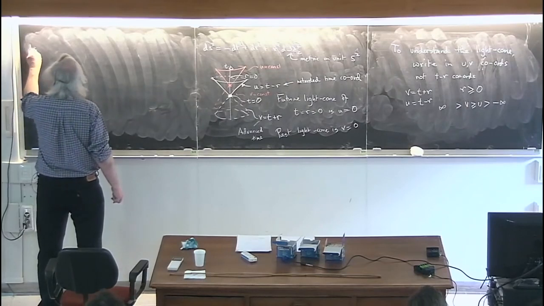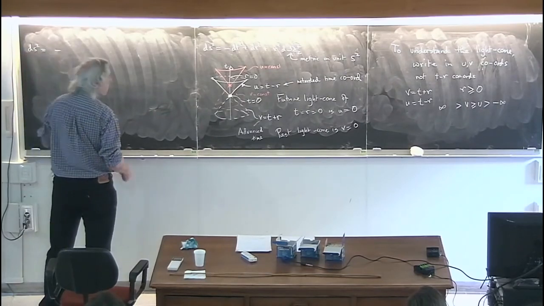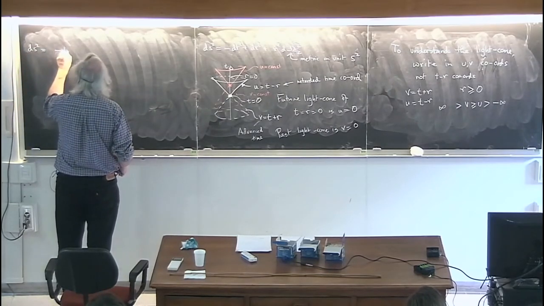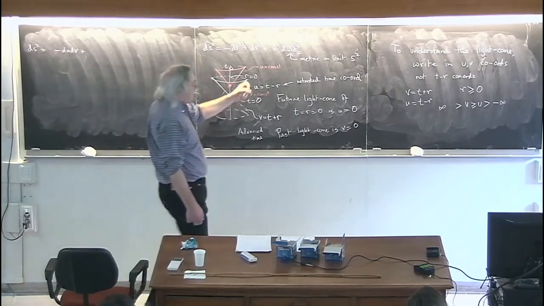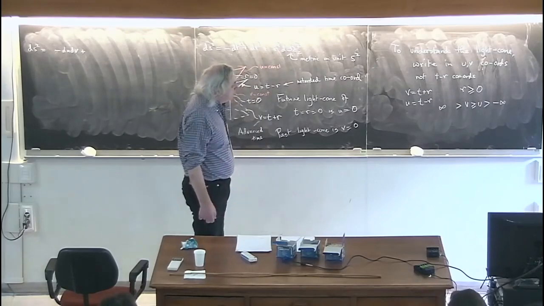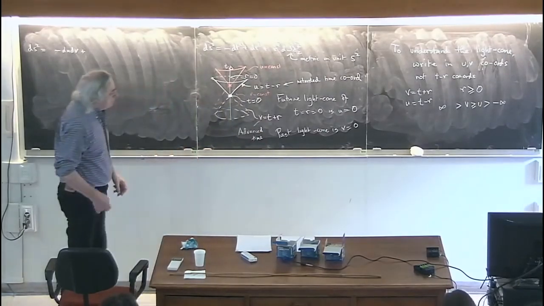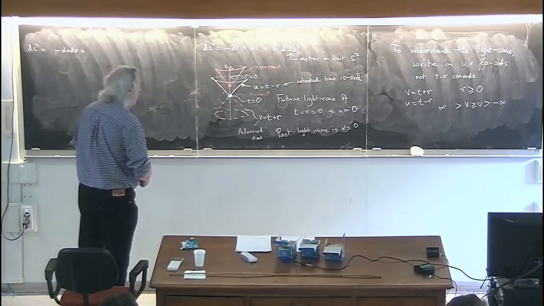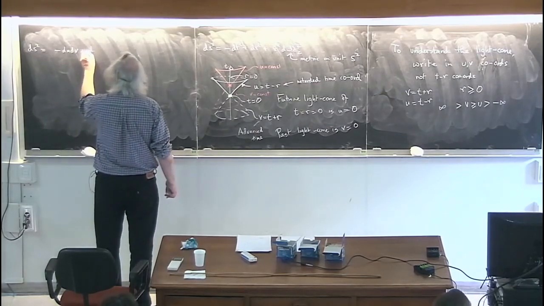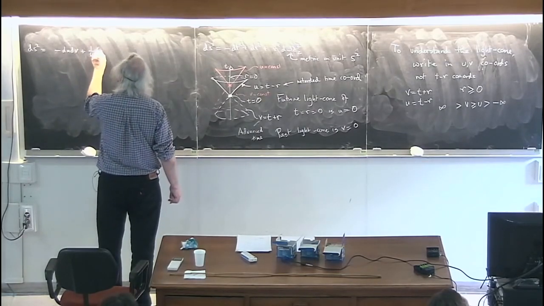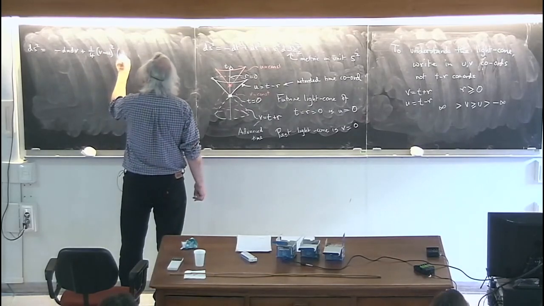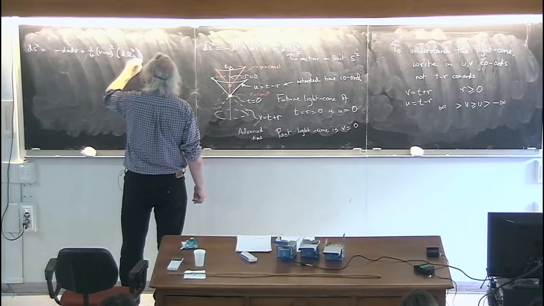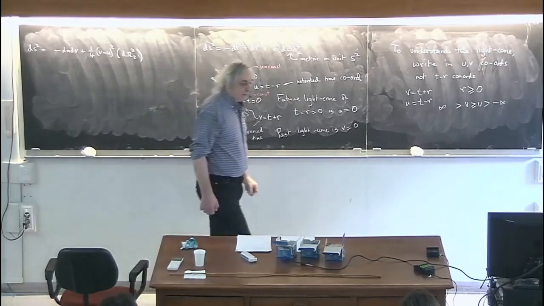So ds squared in these coordinates is going to be minus du dv plus r squared, where r is just equal to a half of v minus u. So you get a quarter of (v minus u) squared times d omega 2 squared. And that's the metric in null coordinates.